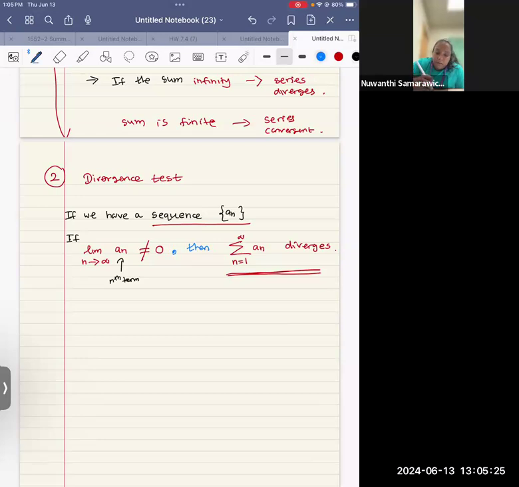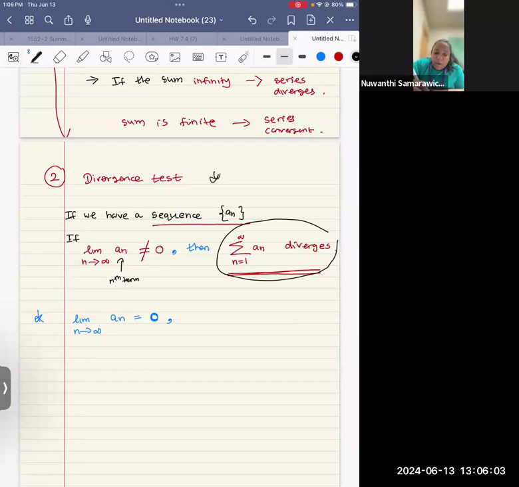But remember, don't forget, if the limit as n approaches infinity of a_n is equal to 0, then what do you think? Is the series convergent or divergent? So we think the series is convergent because it's the opposite of divergent, but it doesn't work like that.